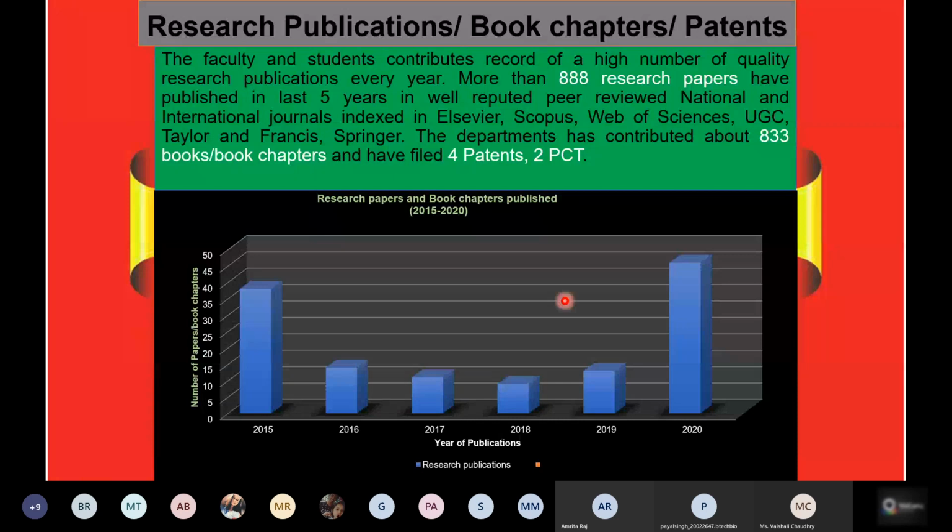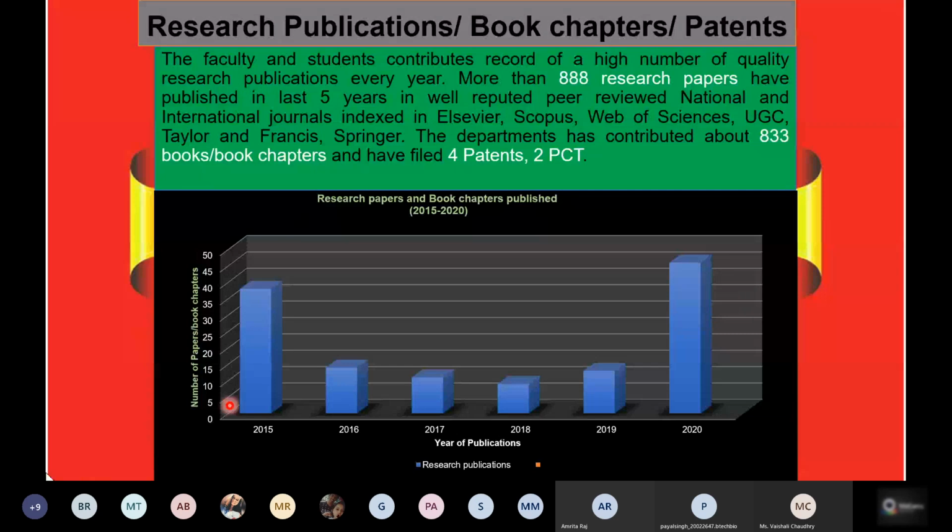The university is continuously going in the area of research, and this is a place where you can do research. The scholars, the faculties, the students, they are mutually doing the research, right? And this graph is showing how the research publication is going high.